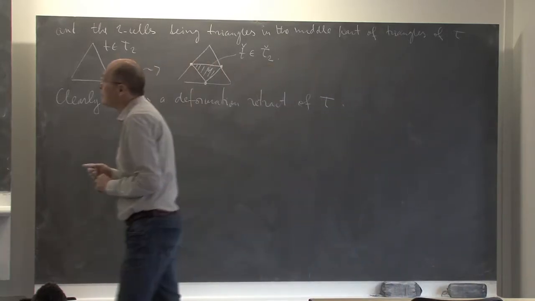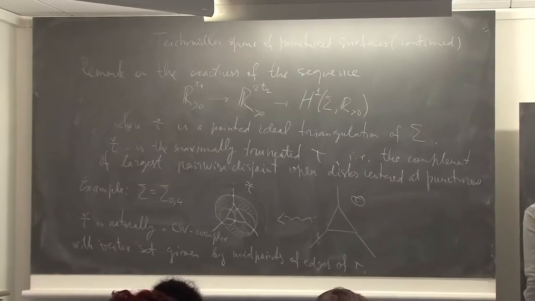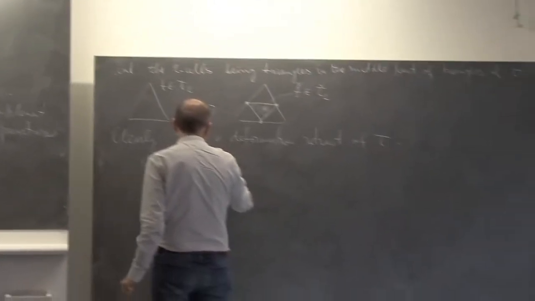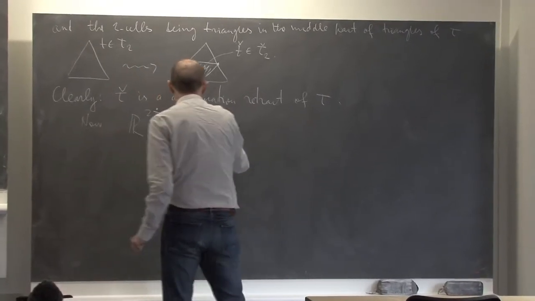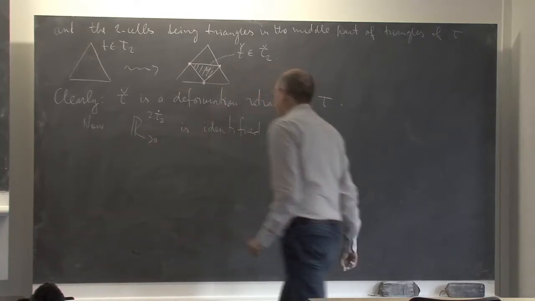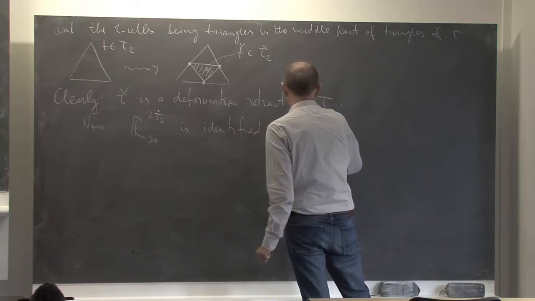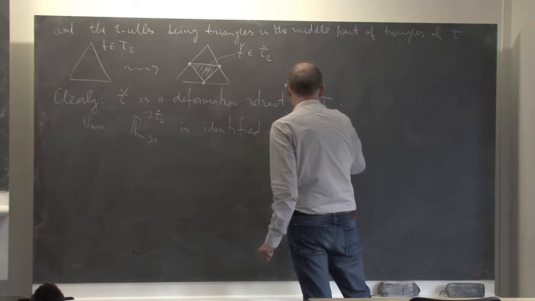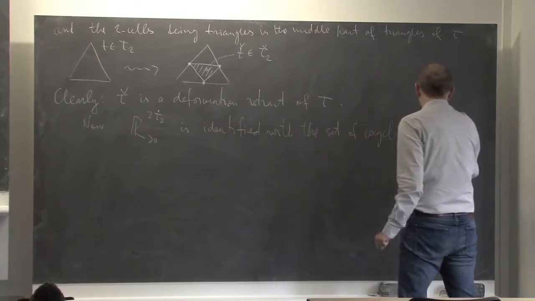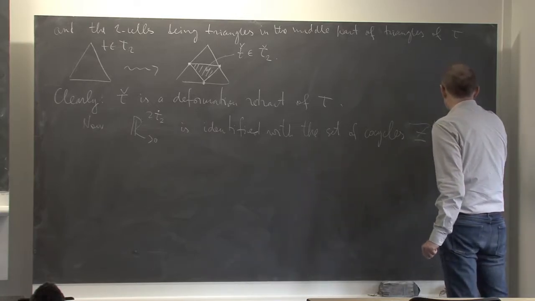And now what we remark is the following. Now R power tau dot 2 positive is identified with the group of cocycles in dimension 1, the set of cocycles Z1 of tau check.